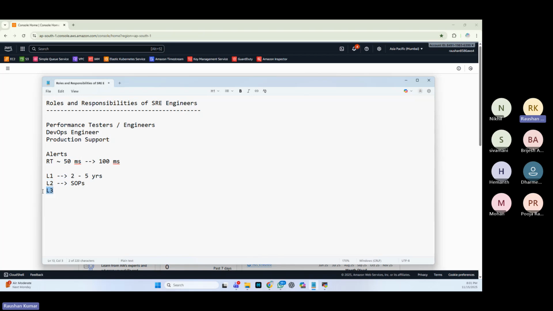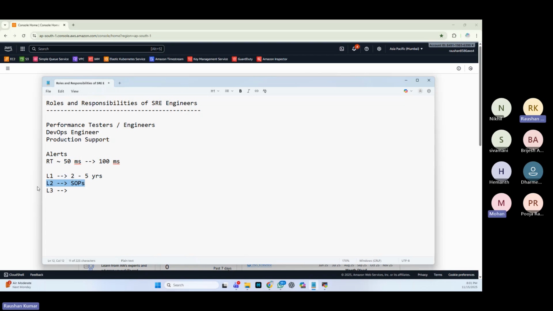Now, L3 are the subject matter experts. L2 engineers are good. So the senior performance engineers or a senior DevOps engineer having minimum 5 years of experience can be L2, and they need to help L1 engineers by writing the SOPs. They're senior people. But again, they have some skill limitation.